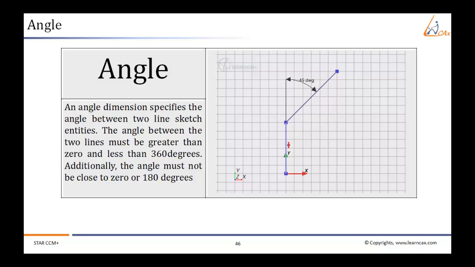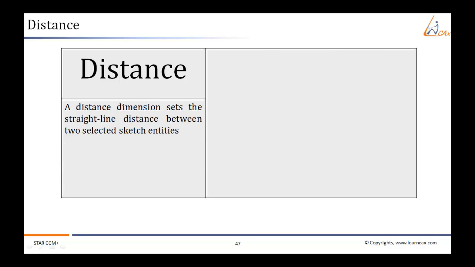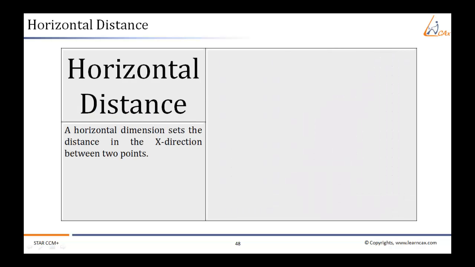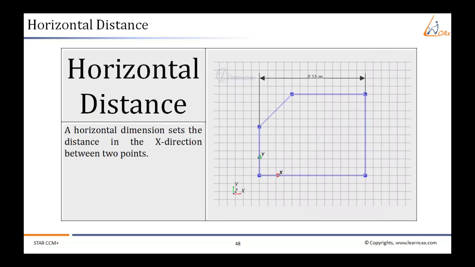To fix or specify the straight line distance between two sketch entities, we use the distance dimension tool. The example is shown in this figure. Another variation of this distance dimension is the horizontal distance dimension option.